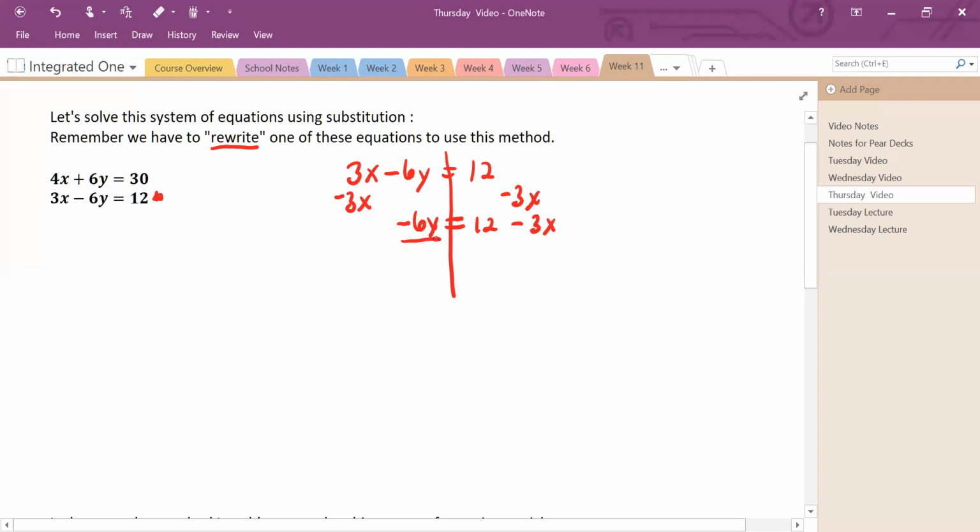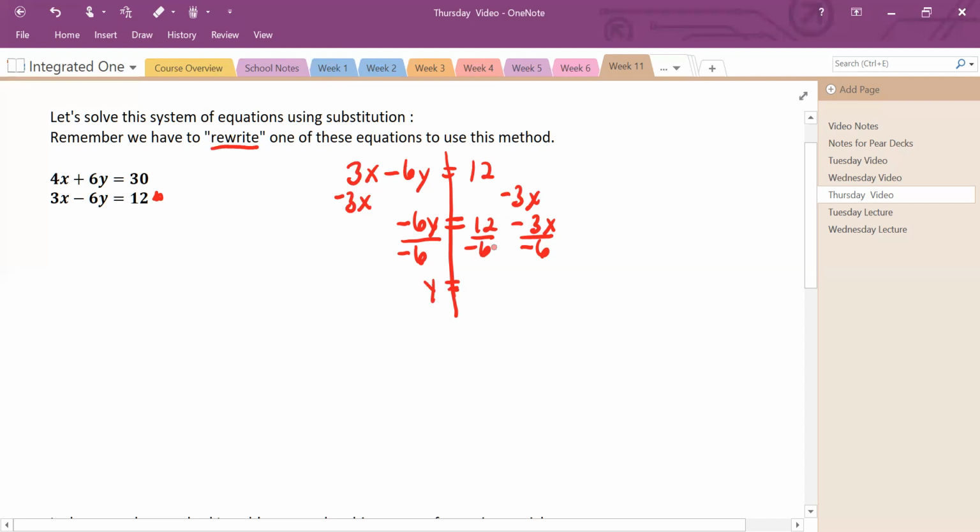Then I'm going to divide both sides by negative 6. Because negative 6 divided by negative 6 is 1, I have my y equals on one side, so we're getting ready to plug it into the other equation.